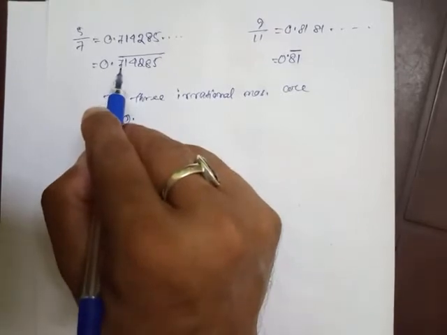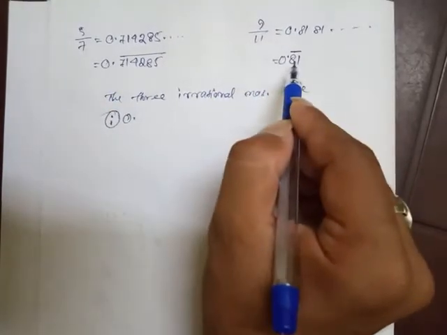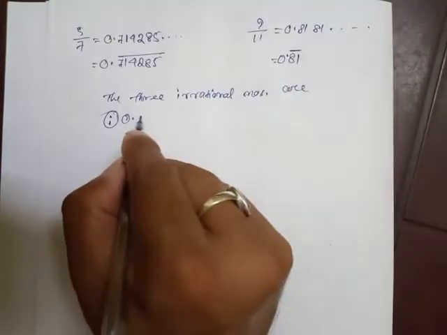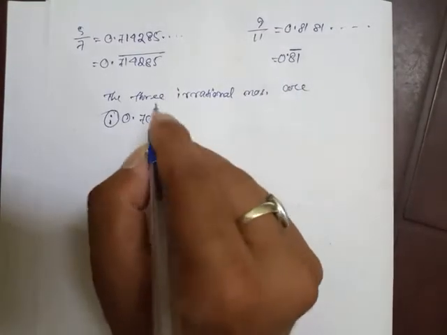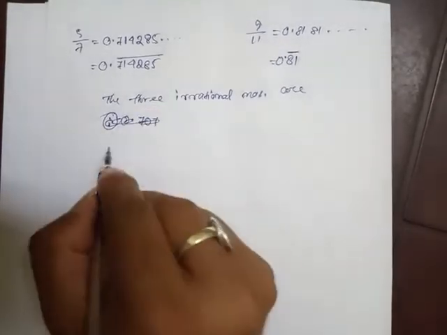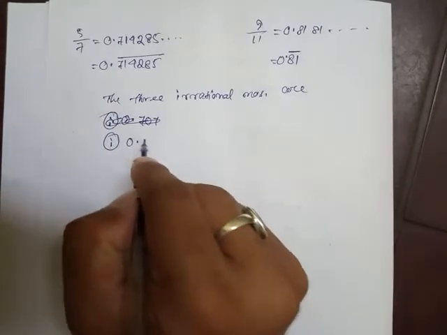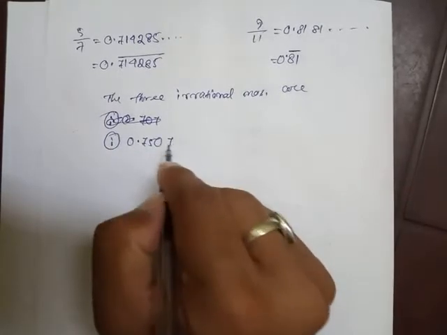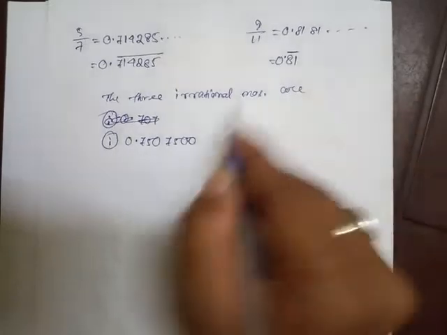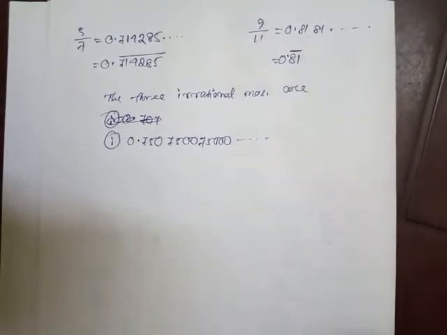Look, it is 0.7142 and there is 0.81, which means 0.71 and 0.81, so the number is 0.75. The first one is 0.750, 0.7500, then 0.75000. This will go on like this.